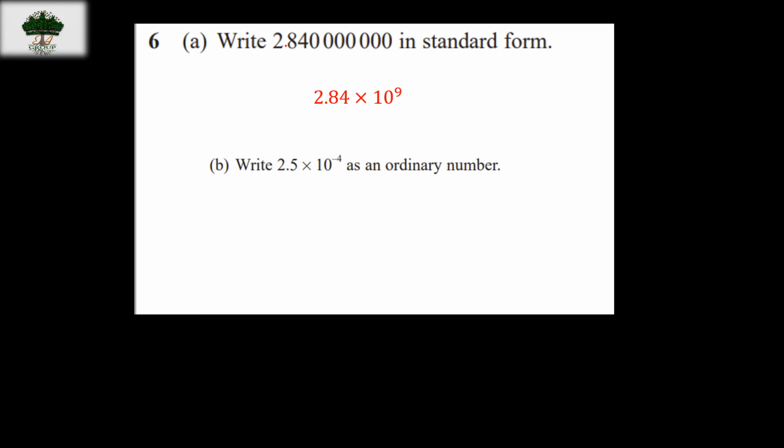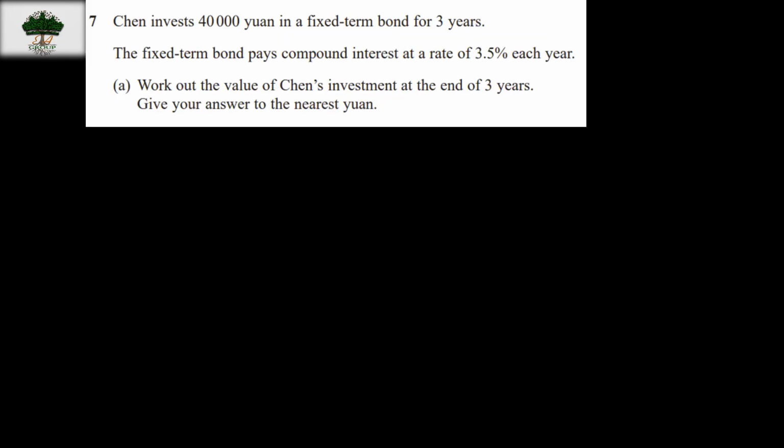So 1, 2, 3, 4. So this is 4 steps to the left, and we have to put 0 in the ones digit. So this is the last answer, which is 0.00025.